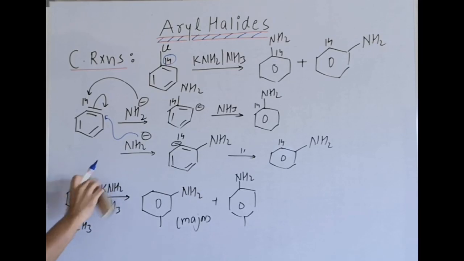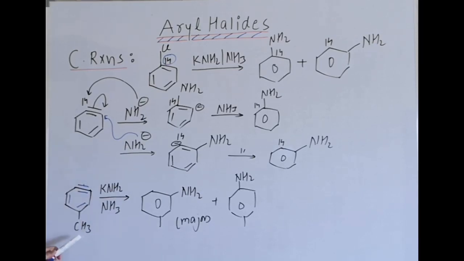So the key point is, what is the effect of CH3? That will decide where the negative charge will be more stable. If the electron shifts like this on the left side, which means on the para carbon with respect to CH3, then the plus I effect will be less on the para carbon, and we know that minus charge is destabilized through plus I effect.